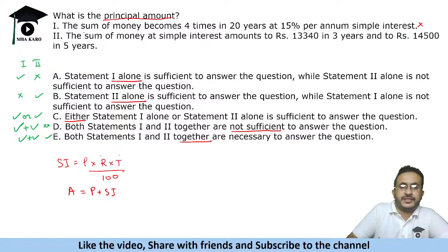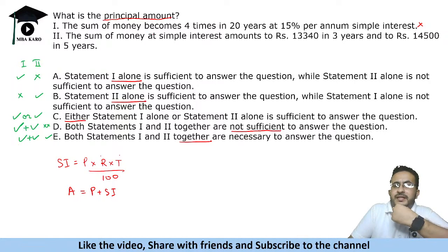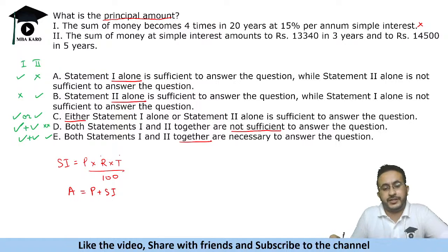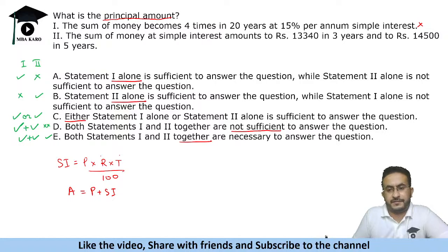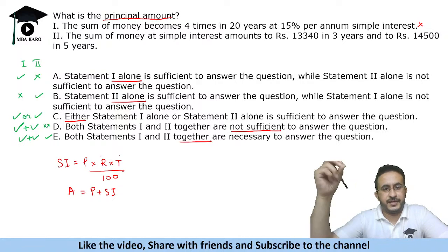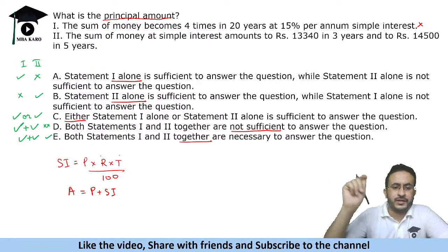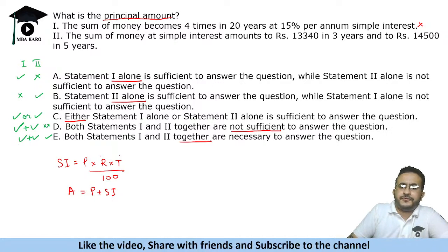Okay, so let us see the second one. It says sum of money at simple interest amounts to rupees 13,340 in 3 years and to 14,500 in 5 years. Okay, so we are given the amount after 3 years and amount after 5 years. So let us think whether we can answer the question based on it. Now if you see this, 13,340 is the amount after 3 years.